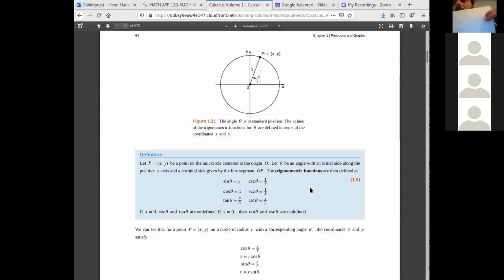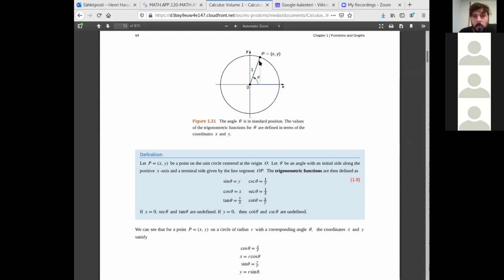If I have a triangle like this, then it's actually this exact picture. You can think of this as the X, this as the Y. In right triangles, the sinus of this angle is defined as the proportion of the opposite side divided by the hypotenuse.